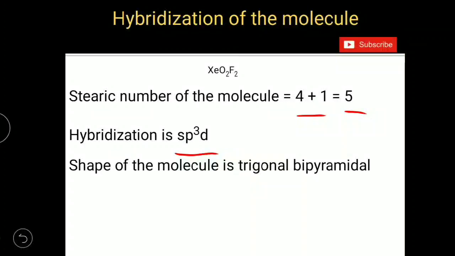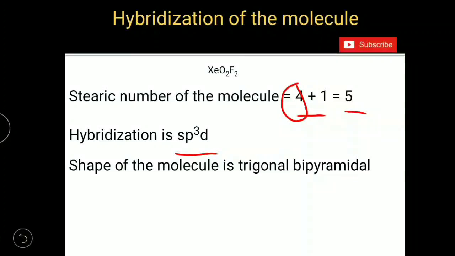Shape of this molecule can be trigonal bipyramidal if all 5 electron pairs are bond pair of electrons, but you got only 4 bond pair of electrons, 1 lone pair.